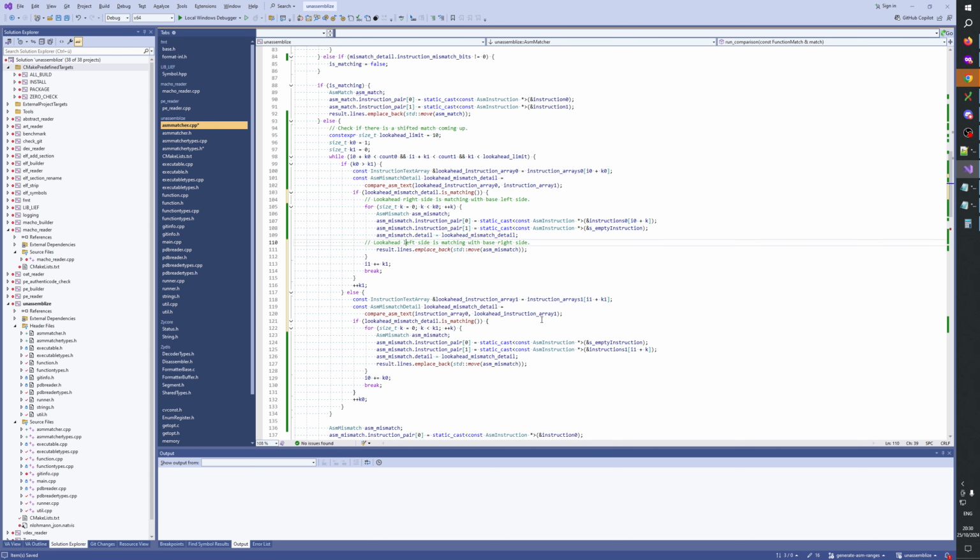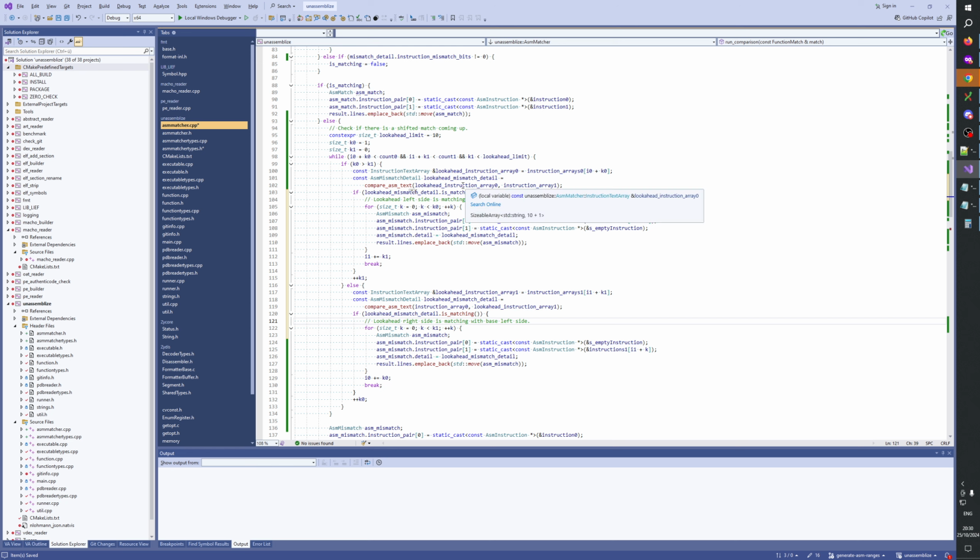I think this should be here, and this should be here, no? Look ahead, left side. Yeah, this is look ahead, left is matching with base right side. This is correct now. Look ahead, right side is matching with base left side. Why am I confused all the time? Unbelievable. Okay, and now I think the description matches the actual logic.